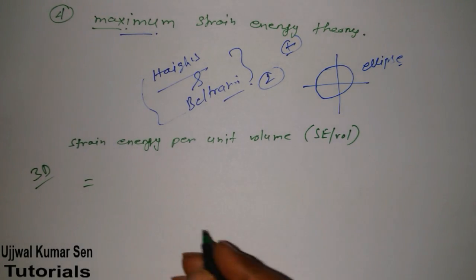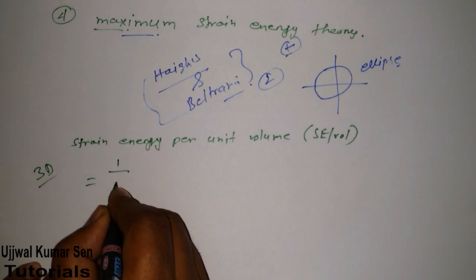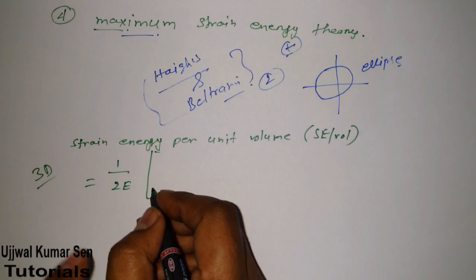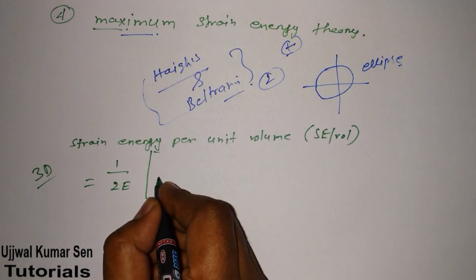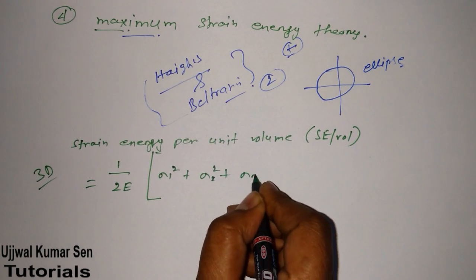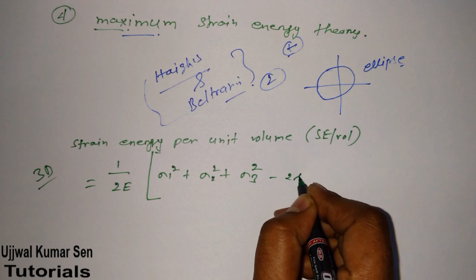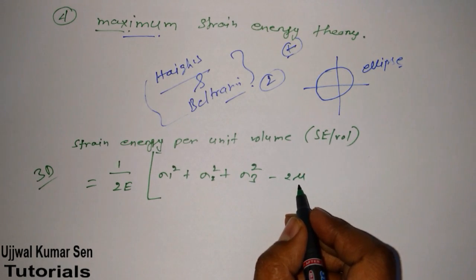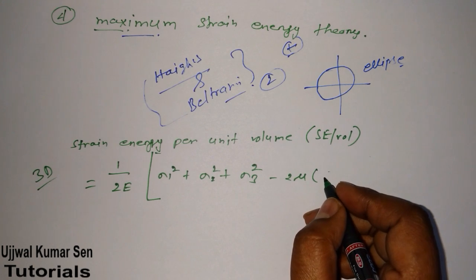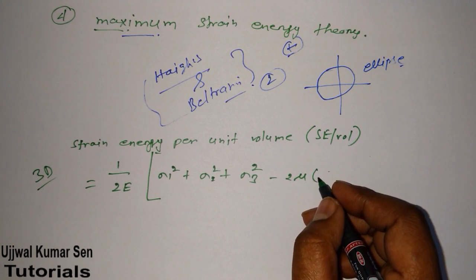We need to understand it. So a little bit lengthy formula is here: 1 by 2E, where E means Young's modulus or modulus of elasticity, times sigma 1 squared plus sigma 2 squared plus sigma 3 squared, minus 2 mu. Mu means, you know that, right? Don't know? Okay, don't worry, mu is Poisson's ratio.